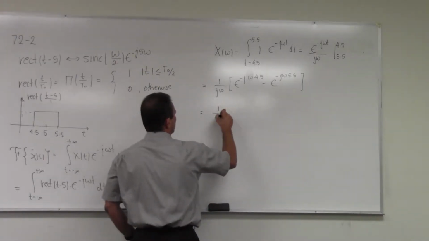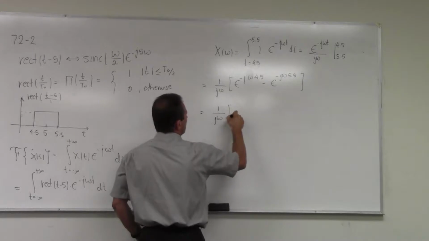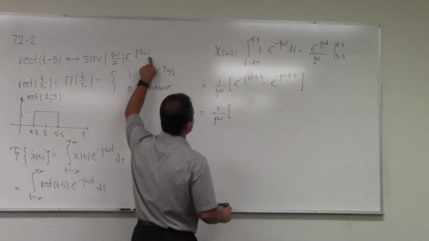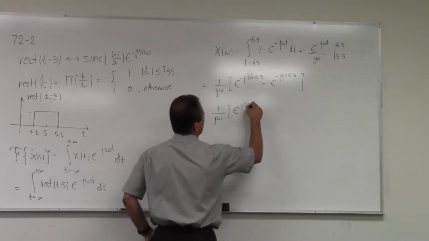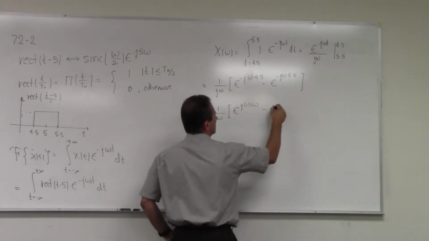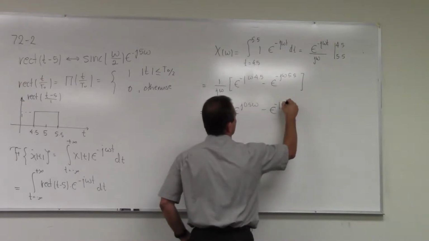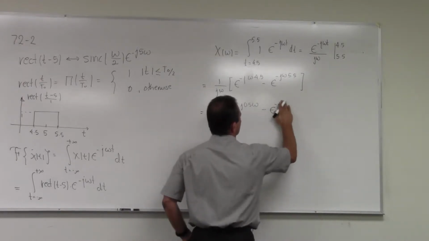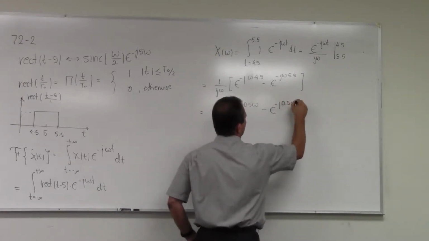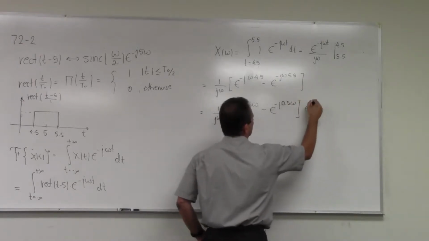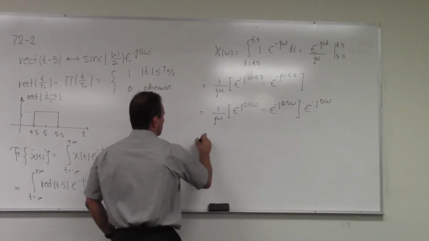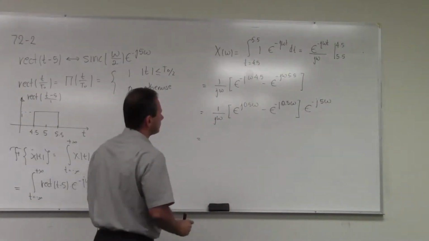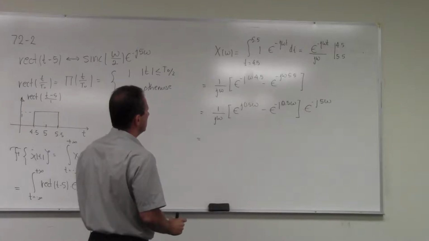So this becomes 1 over j omega, e to the minus j 5 omega, and what I'm left with inside is e to the j 0.5 omega minus e to the minus j 0.5 omega. And then I can divide and multiply by 2.